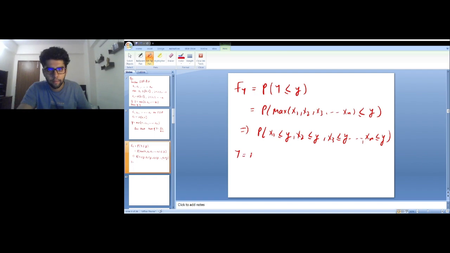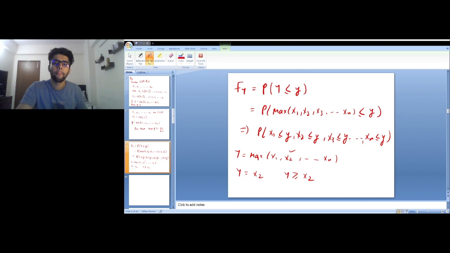If I have y and all of these values till xn, and the max of x1, x2 till xn is equal to x2, we can write y greater than or equal to x2, because y being equal to x2 satisfies this inequality.